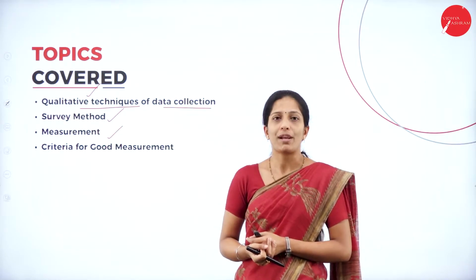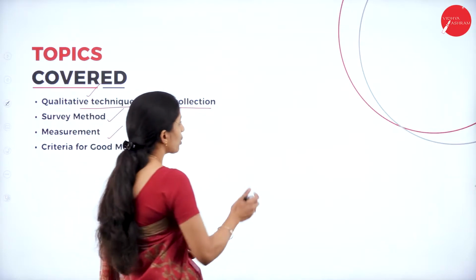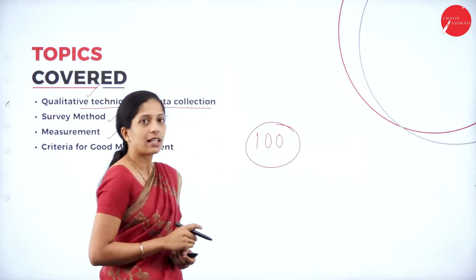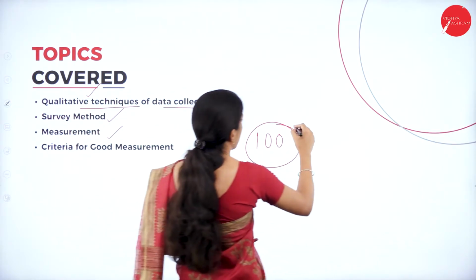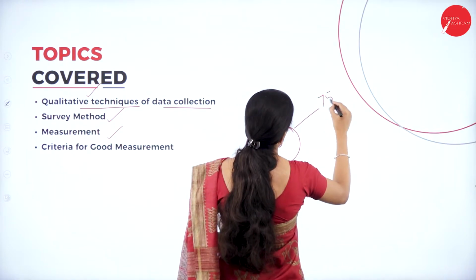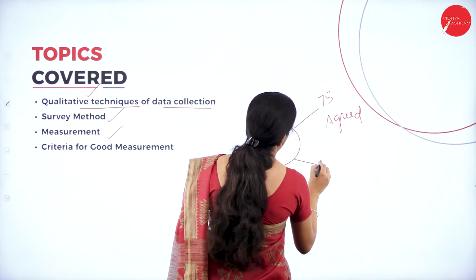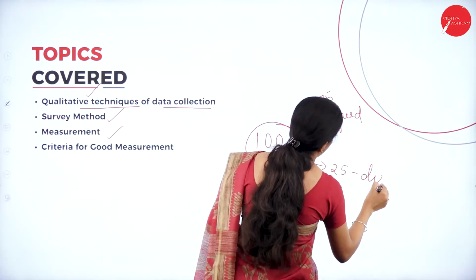Now what do you mean by measurement? Suppose there are 100 respondents, okay? For a particular problem, many respondents have agreed. For example, 75 respondents have agreed to a particular problem and 25 respondents have disagreed.